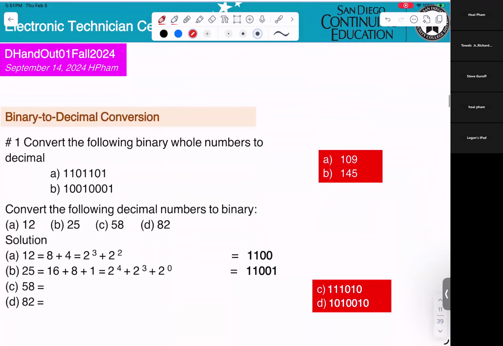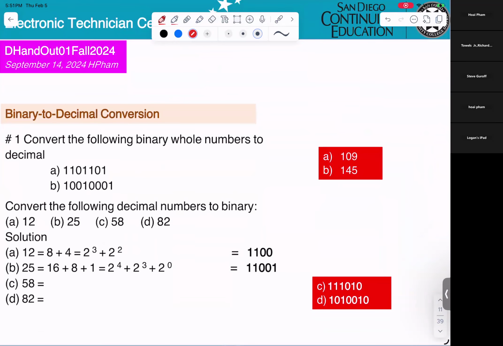Okay, now binary to decimal conversion. If you get a number 11011101, that's a binary.